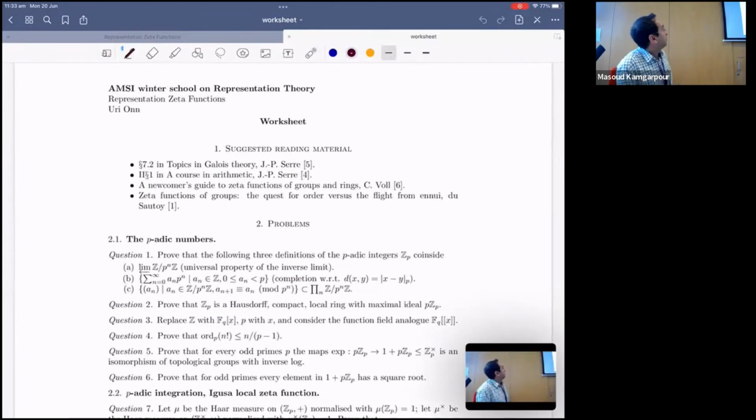That's question number 1. So I'm going to put this worksheet on Slack, and I'm going to update it with more and more exercises. And your first exercise is to prove that there are 3 ways to think about the p-adic integers. I'm actually going to do it now. So I'm going to spell out what each of these means.